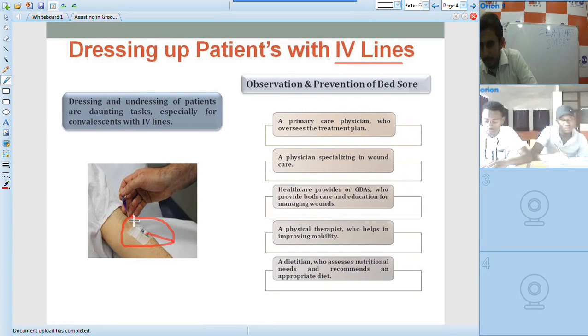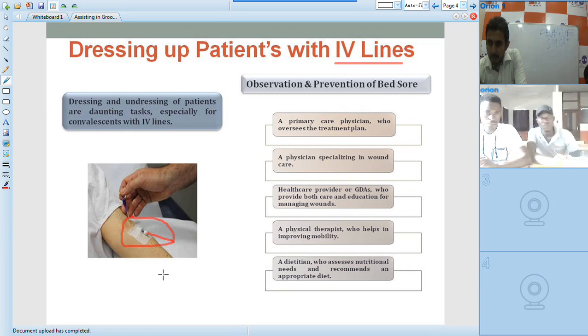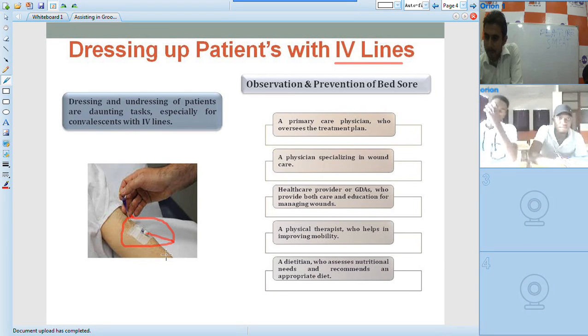So for such a patient, if you are dressing this patient, you do not pull off this IV set. This is fitted for the patient during the hospital stay. You cannot pull off this IV line every day and insert it again and again, as it damages the vein of the patient.